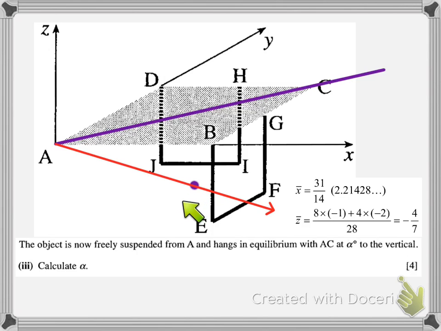So we want two things that are perpendicular. Now the Z-axis is perpendicular to the XY plane. So what we can actually do here is take a line going through the centre of mass and joining the line AC, and this will actually create a right angle which will be in between the line through AC and this vertical line.